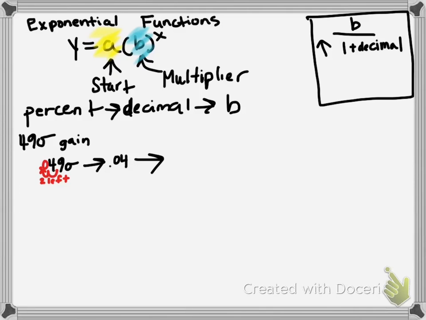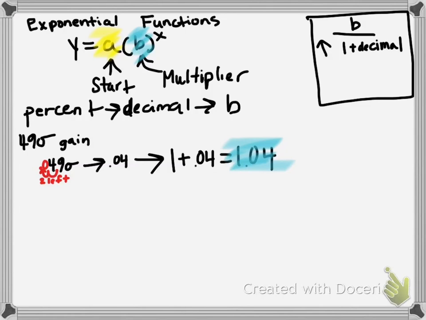The reason we add the decimal to 1, the 1 is representing 100%. I am keeping 100% of the money I have, and I am gaining, so that's why we're doing a plus 0.04. And that gives me 1.04. Okay, that's going to be our b value. And that's why we have to do a little bit of work. The problem will say 4%, and we are putting 1.04 into our equation.